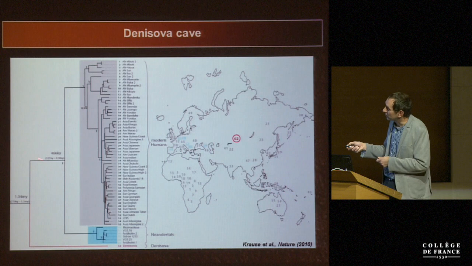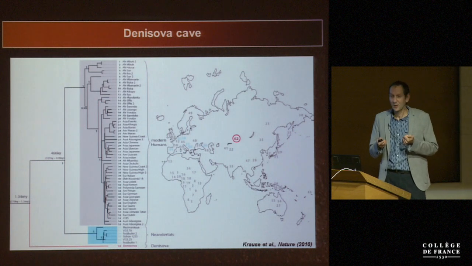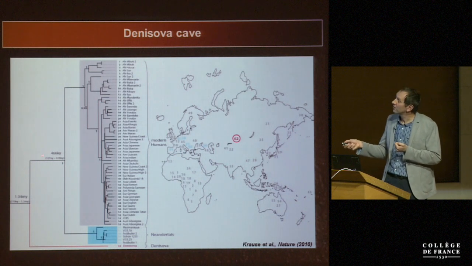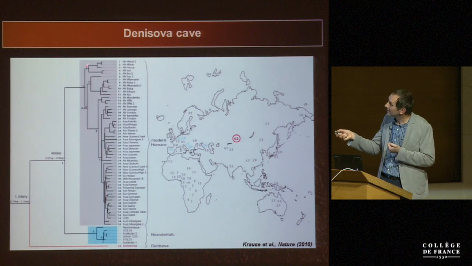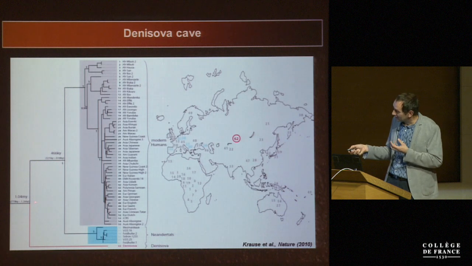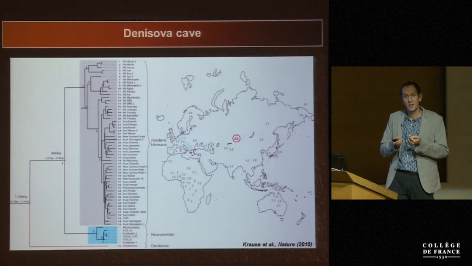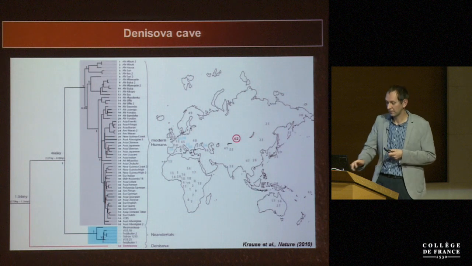And you can even put a date on it: you can compute when the person lived that was the mitochondrial ancestor of humans and Neanderthals, and that's about 500,000 years ago. But the last ancestor of all these 3 lineages, including the Denisova sample, was 1 million years ago. So it's a highly divergent mitochondrial lineage.